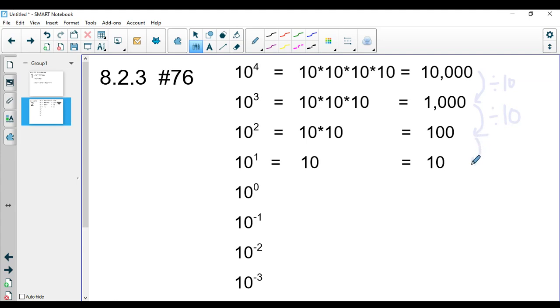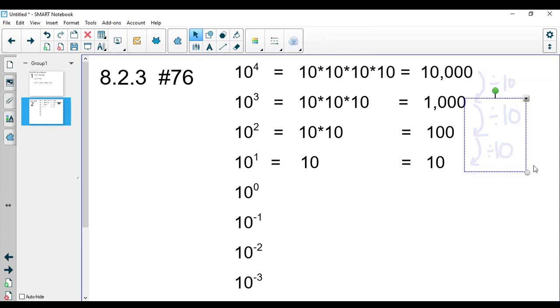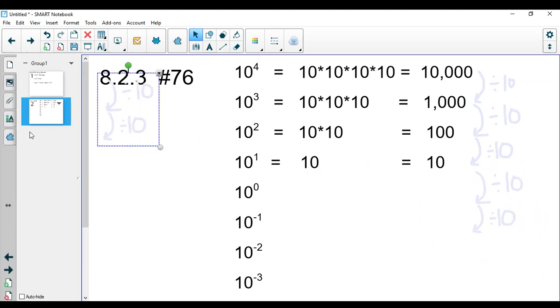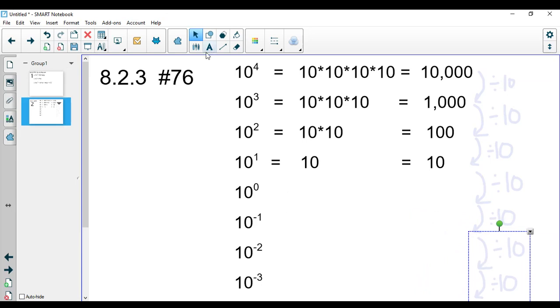So each time we go to the exponent before, or we go to our next column, we're going to continue to always divide by 10. So if we continue to divide by 10 all the way down, let's look at what happens to our values.